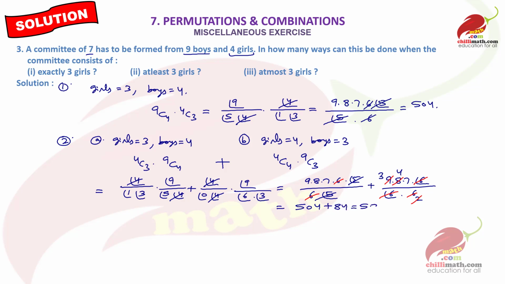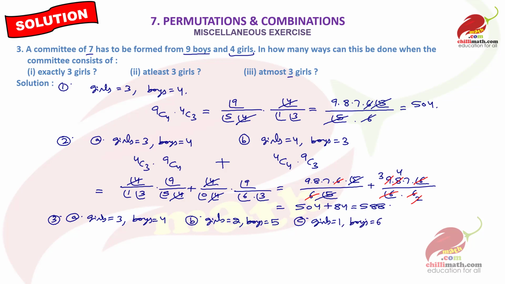So total is 588. Third part is at most 3 girls. So subparts are: girls 3, boys will be 4; or B part is girls 2, boys 5; girls 1, boys 6.